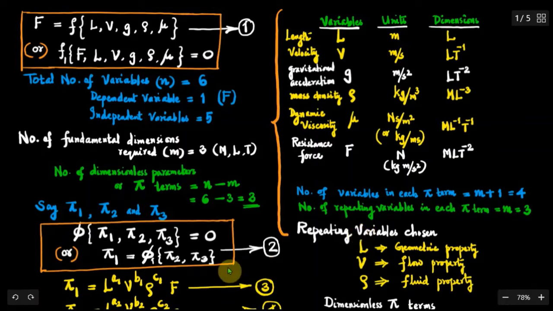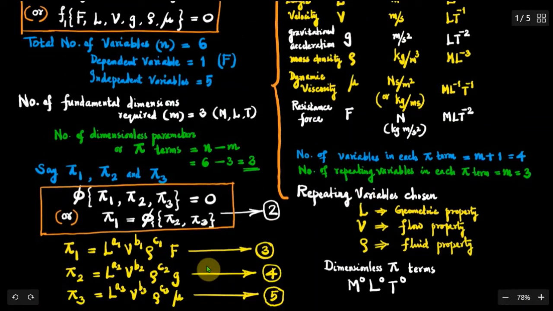So now how to get each pi term? In order to get the non-dimensional parameters pi 1, pi 2, pi 3 in this problem, let us first write down the expressions for pi 1, pi 2, pi 3. For that purpose, we have to identify what we call repeating variables.